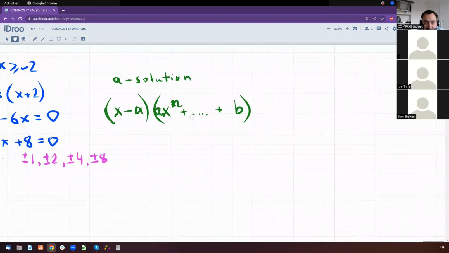If a is a solution, then a is an integer.